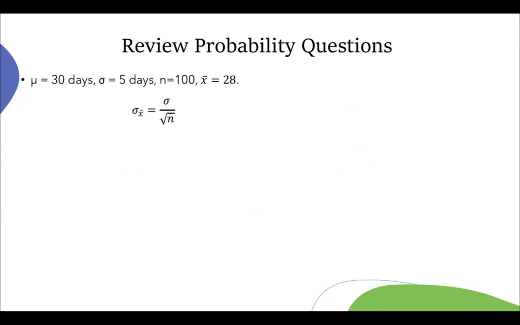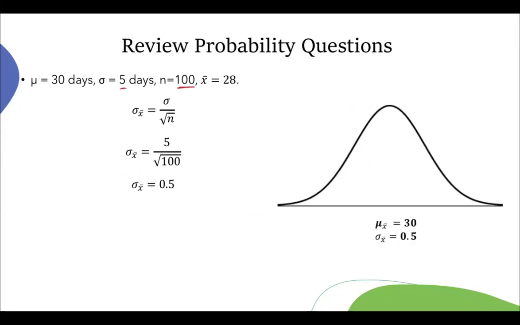So let's build our sampling distribution by calculating the standard error. We're going to take the sigma, which is provided to us as 5, and divide by the square root of n. 5 divided by the square root of 100, and this will give us our standard error of 0.5. So now we can go to our picture for our sampling distribution.